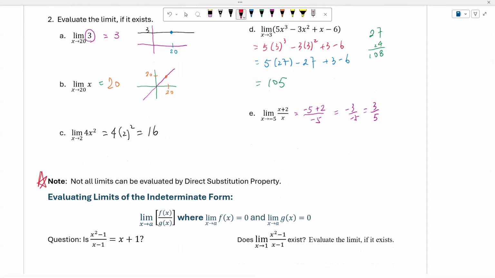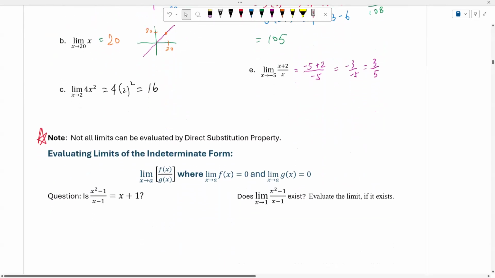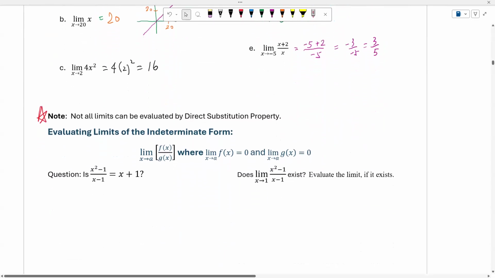However, not all limits can be evaluated by direct substitution. Let us look at the following example. When we try to evaluate limits of the indeterminate form, what is this form?